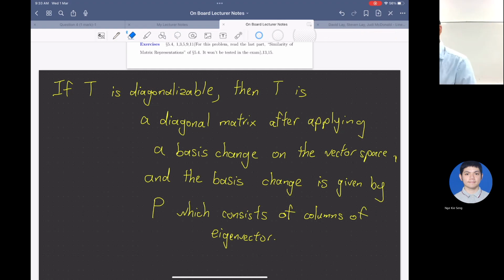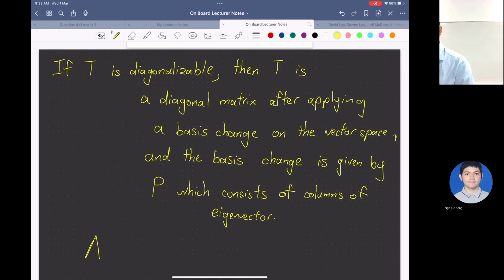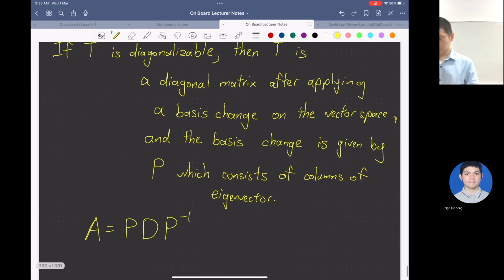So what are we doing here? We have a linear transformation. Let's say this linear transformation is diagonalizable. Then after a change of basis on the vector space, we can make this linear transformation diagonal.